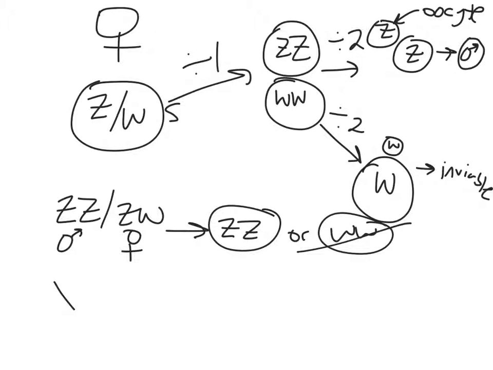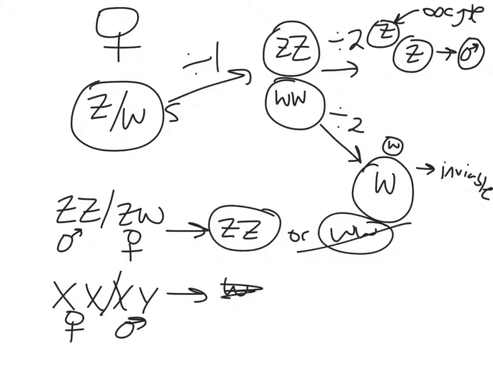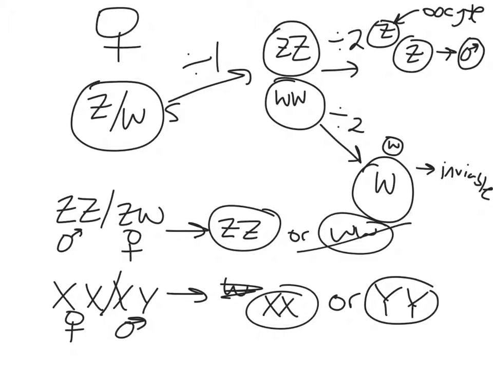And if you have an XX, XY system, like in humans, where the XXs are the females and the XYs are the males, then you'd produce XX or YY as a result of parthenogenesis. But again, I know for sure that if you don't have an X chromosome, you're inviable.